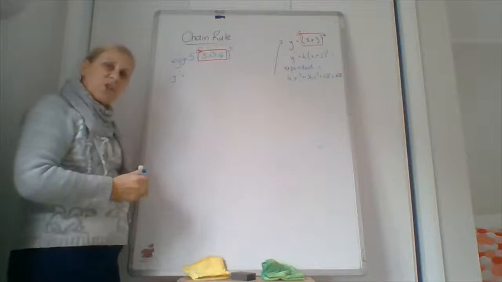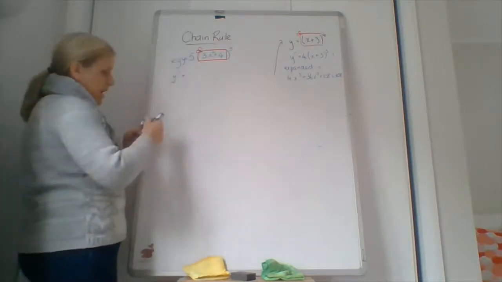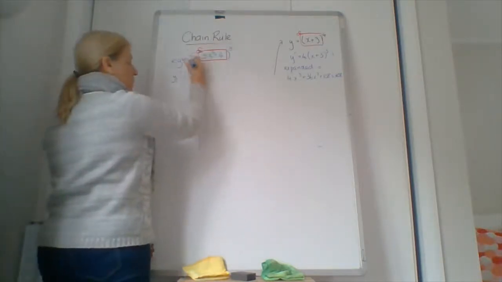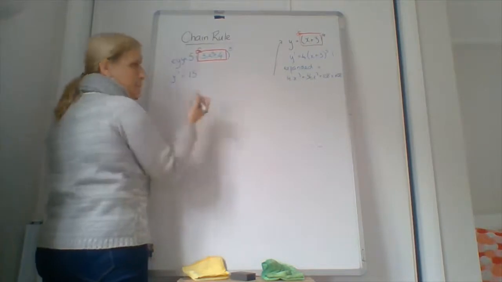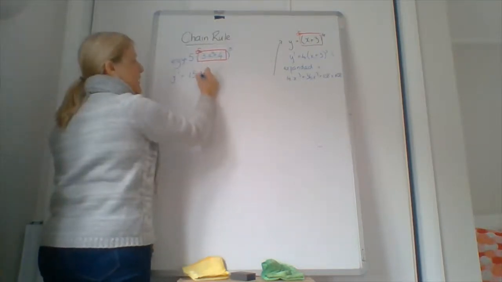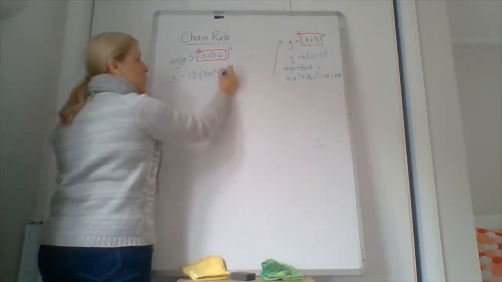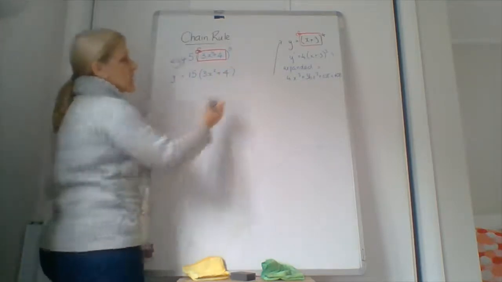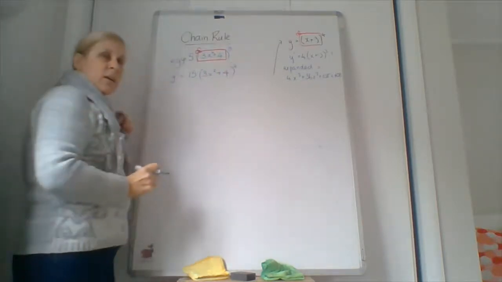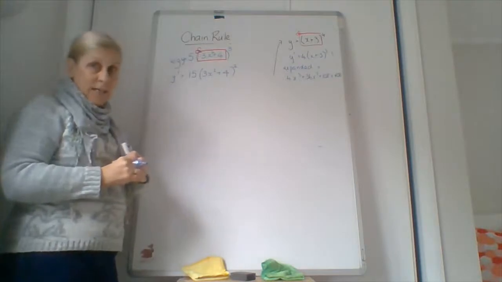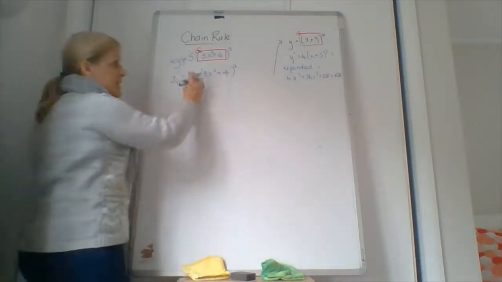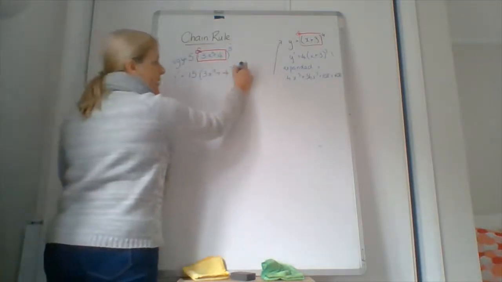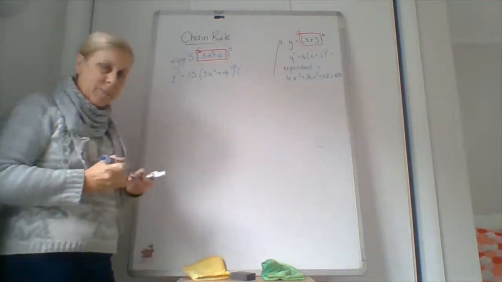What does that differentiate to? So 5 times 3, take the power, multiply by it, 15. Present, 3x squared plus 4, and decrease the power by 1, 2. Now we have to look at what's inside the present. So inside the present, we've got this, and we tack it on the end. This is where brackets start to come in, guys.